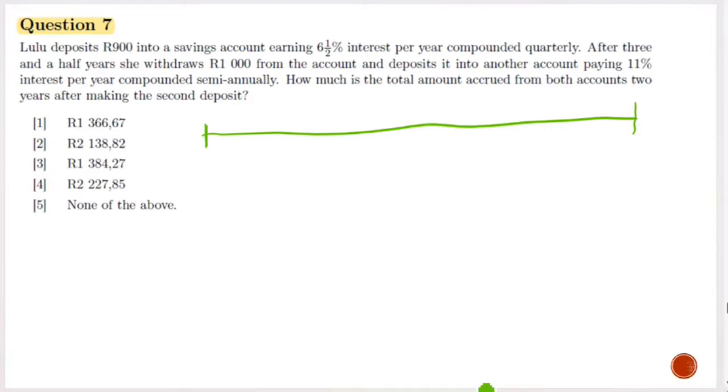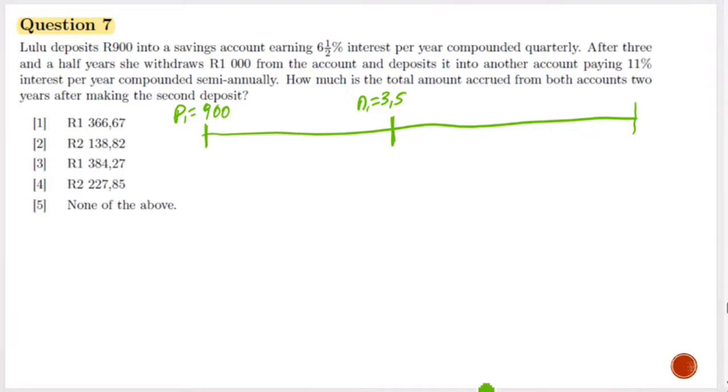Your present value, which is your P1, is equal to 900, at 6.5% compounded quarterly. After 3.5 years, your N1 is equal to 3.5 years.